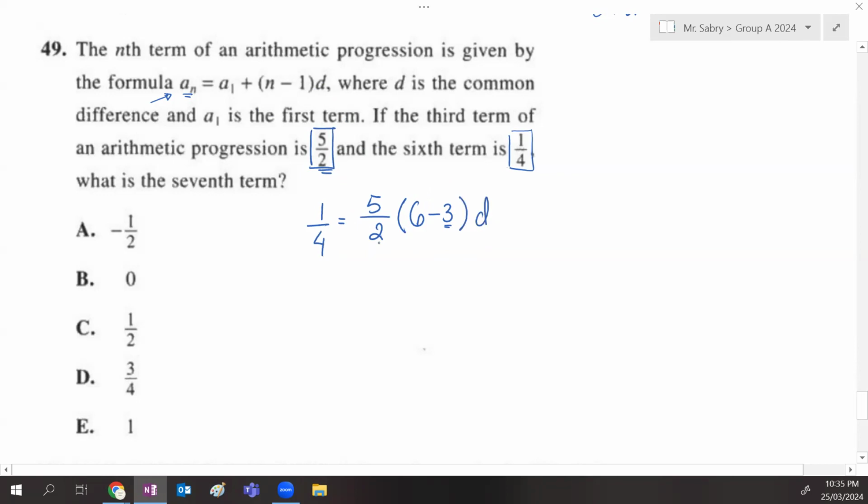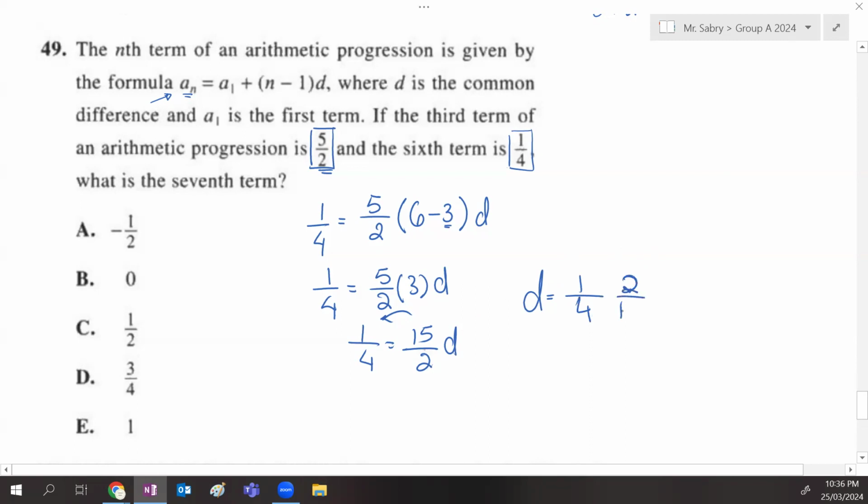This will get me the difference. That is now 1 over 4 equals 5 over 2 multiplied by 3d. This is 15 over 2. 1 over 4 equals 15 over 2 d. This goes to the other side. The difference will be a division: 1/4 divided by 15/2, which is 1/4 times 2/15, and that is 1/30.